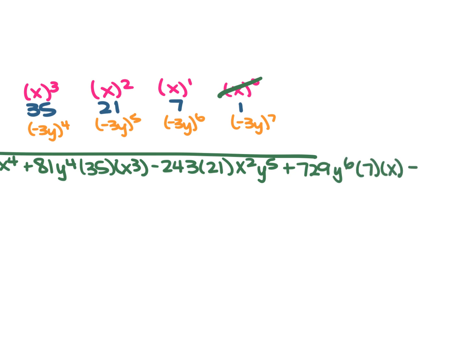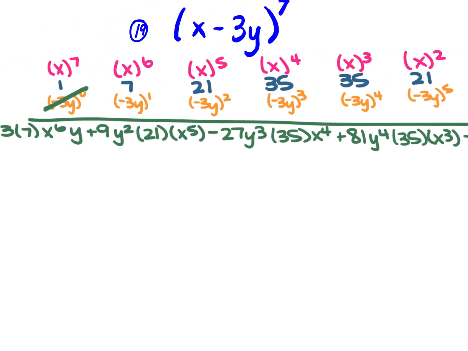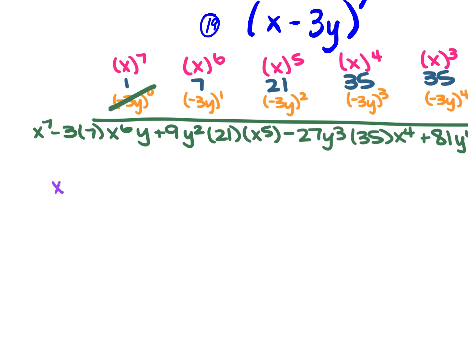And then we have the negative 3 to the 7th power, which is negative 2187 y to the 7th. So we're going to move all the way over to the front now and combine or simplify these. That's going to give us x to the 7th minus 21 x to the 6th y plus 9 times 21 gives us 189 x to the 5th y squared.